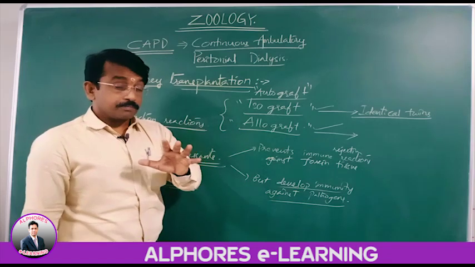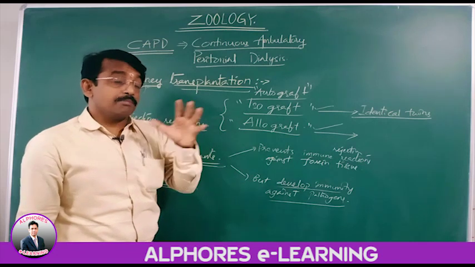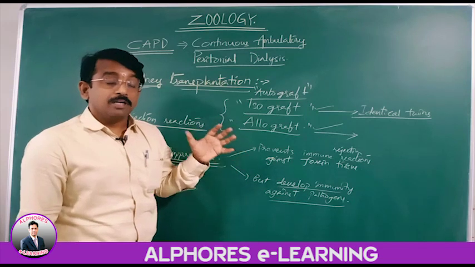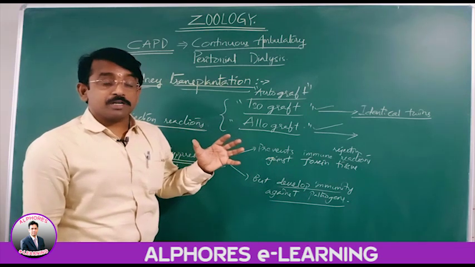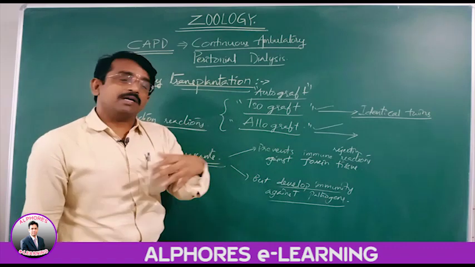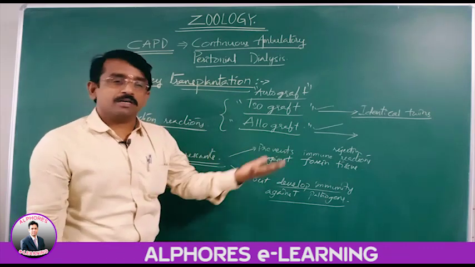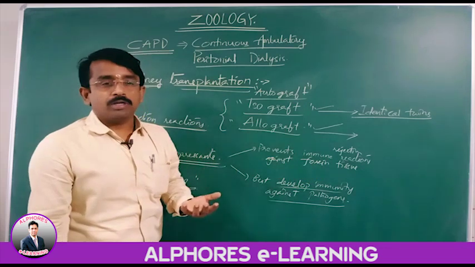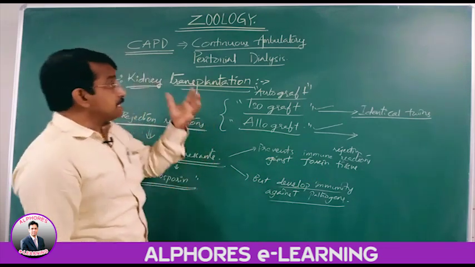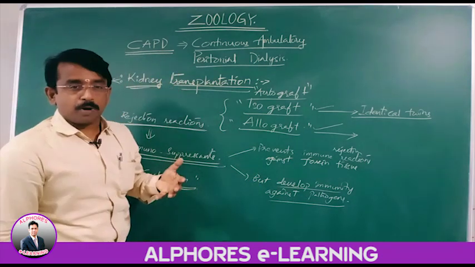If there is high blood pressure, under that condition old kidneys are removed; otherwise, if the condition is normal, they remain in the body and do not have harmful effects. That is the story about kidney transplantation.